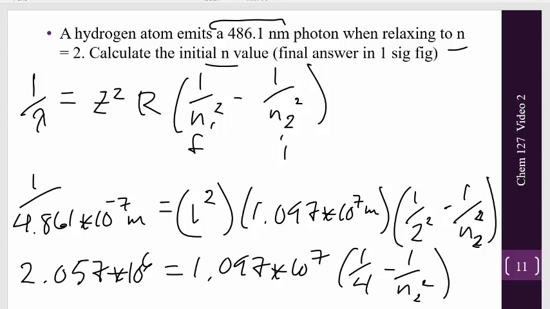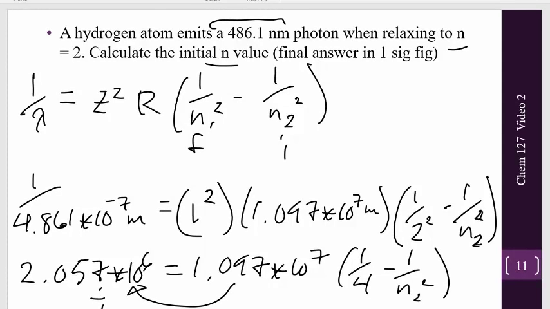Okay, then I would just divide by this Rydberg constant, do that division, and I'll pick it up here on the next slide. That division gives us 0.1875.